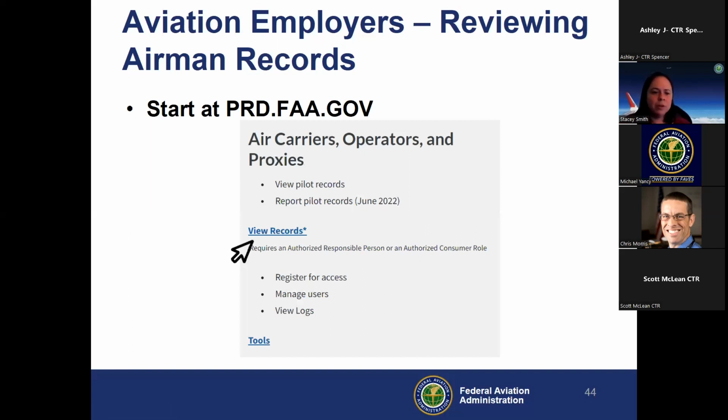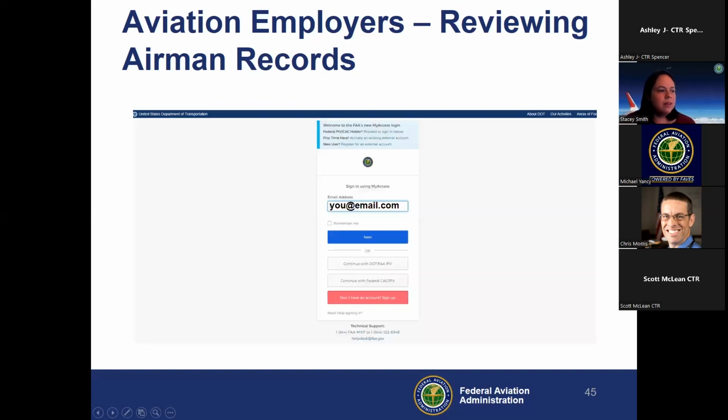Sometimes if you have trouble going through and you're not getting the right roles or having issues, it's often because the wrong link was selected at the beginning. So select the correct link. Again, it'll take you to our login page for MyAccess, enter your information.